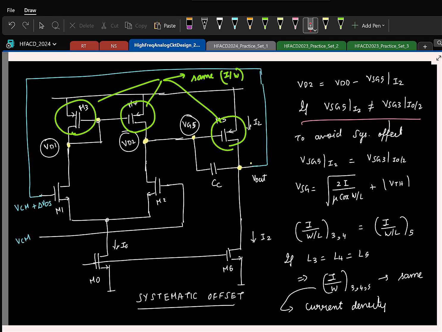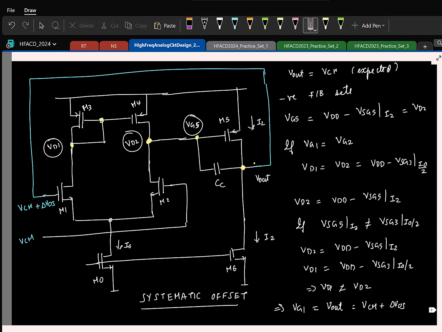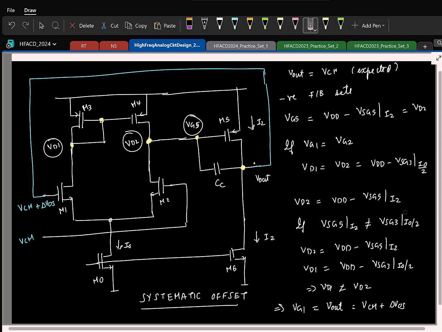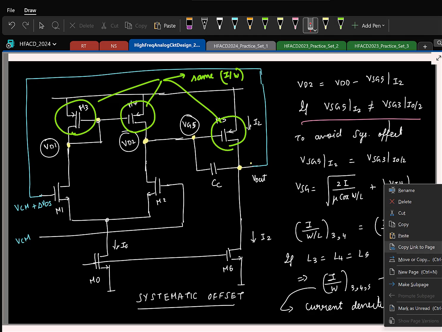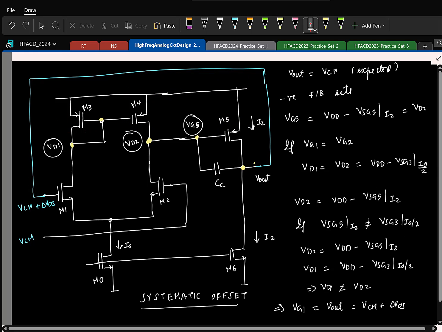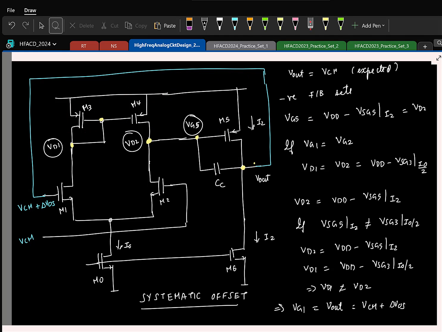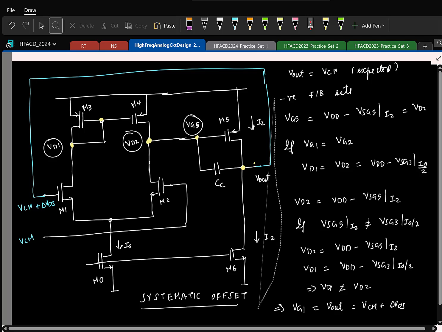Cool. And you can also quickly find out, if you choose the source to gate voltages to be not the same, what will be the offset you have. And for that, let me copy this. Yeah. So let me erase this fully.